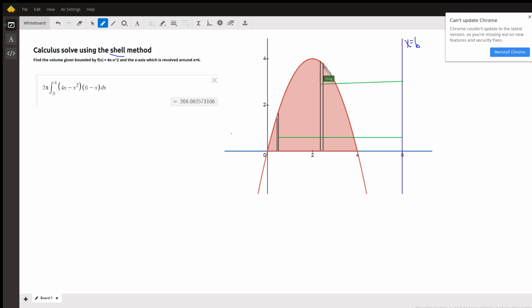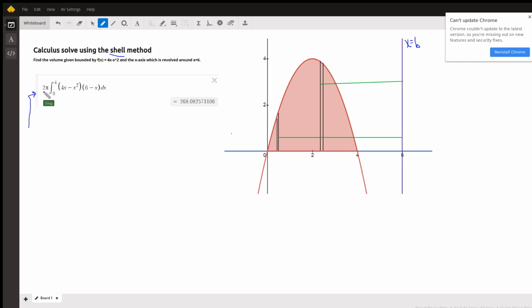So we want our typical shells to appear in this region, which is the graph of the parabola y equals 4x minus x squared, above the x-axis. And this is the setup of the definite integral right here.